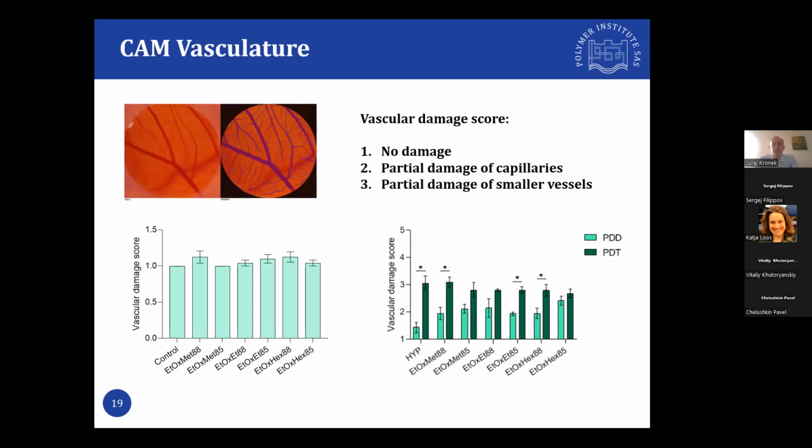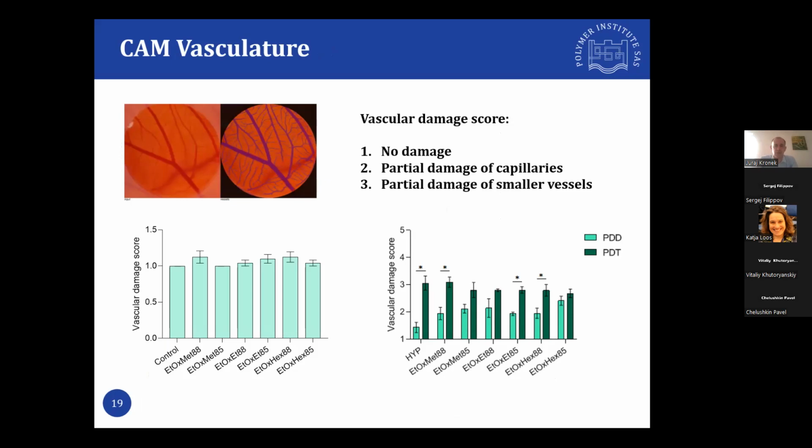Here you can see the comparison of the vascular damage for polymers without illumination and after photodynamic therapy, and you can see that our formulation has no effect on the vessels and also capillaries.